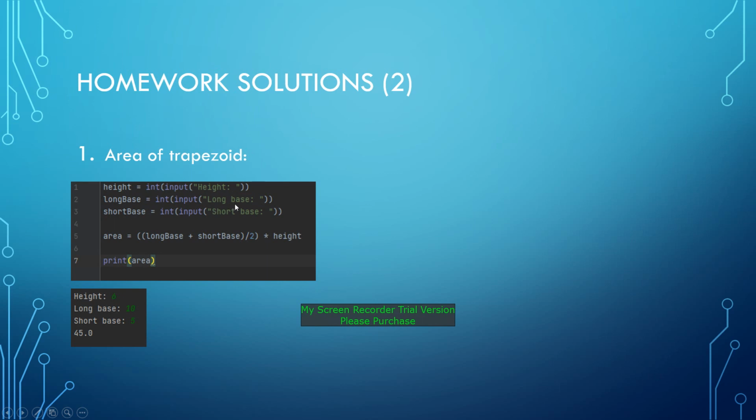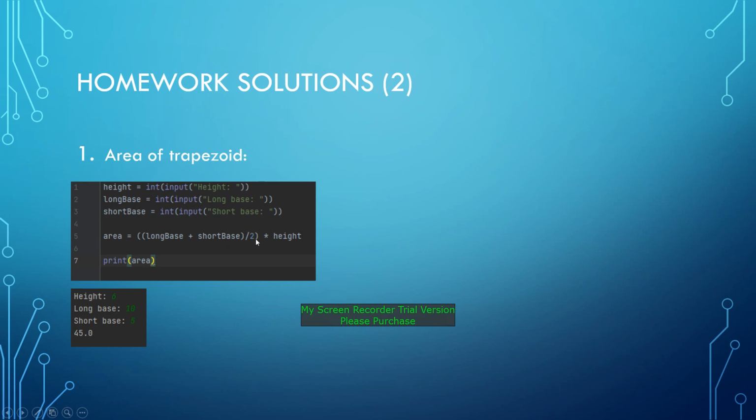I gave you the hint of the formula for how to calculate a trapezoid. I just wanted you to convert the formula to programming. So first off, we start with the long side and the short side by adding them together. Then we divide that by 2 in the brackets, and you multiply that with the height.